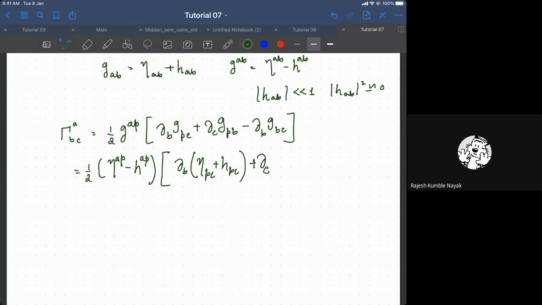Differentiation with respect to C, and then eta PB plus HPB, and then minus GP into HBC plus HBC. Okay. Now you see that the differentiation of the Minkowski space terms, the gamma corresponding to Minkowski space, is 0.